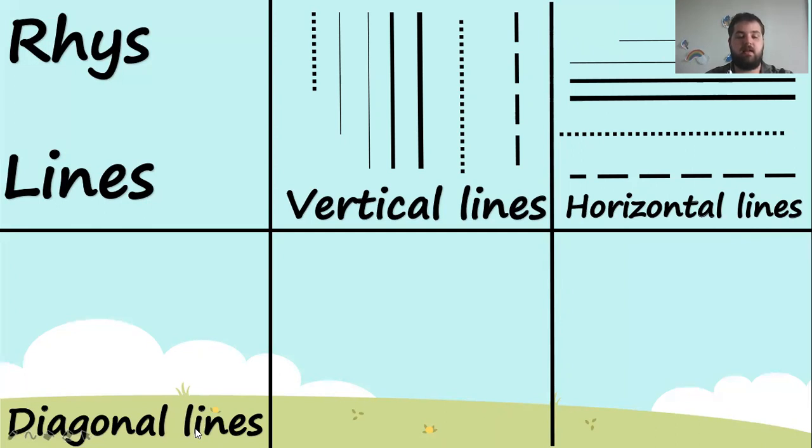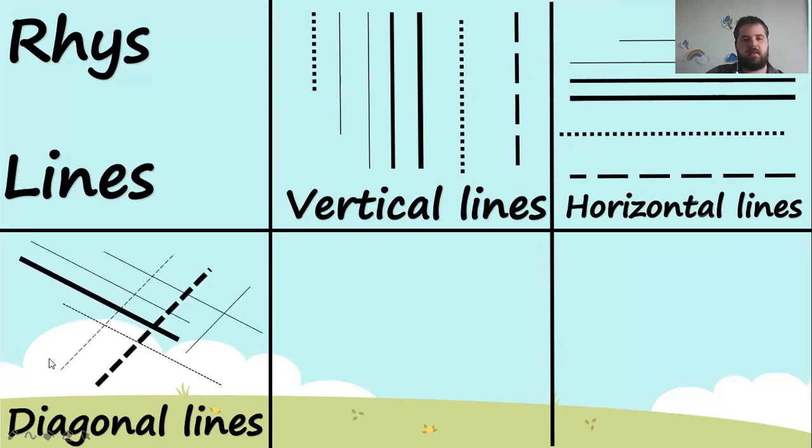Lines is L-I-N-E-S. Okay, let's draw our lines. So our lines are almost in an X shape. They go from corner to corner, almost like an X. You may draw as many or as little as you like. You may pause the video. We're going to go on to our next one.